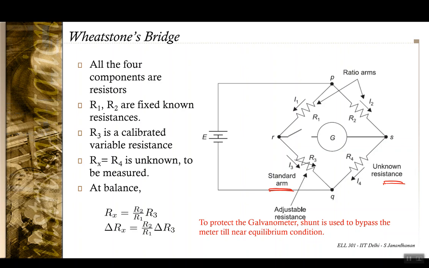So we would bring R3 very close to the value such that R3 is approximately R1 by R2 times R4, the expected value of R4, and only then the galvanometer circuit is closed. To protect the galvanometer, the shunt is used to bypass the meter current till the near equilibrium value is achieved.